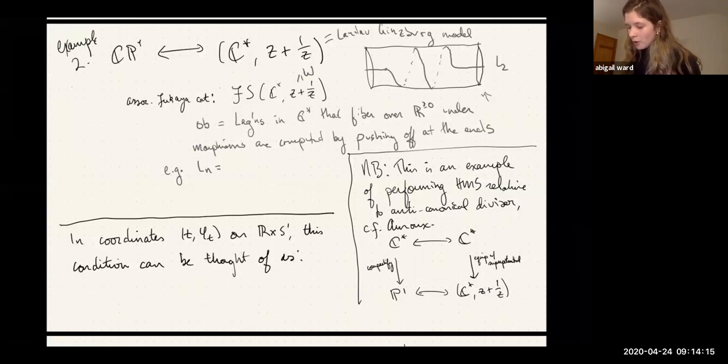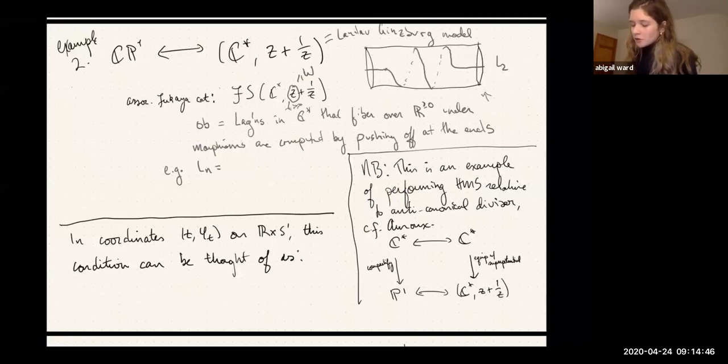If I want to write these in coordinates, I switch to t, phi coordinates on R times S1, so now my symplectic form would be dt wedge d phi. Then this condition on the fibering over R greater than 0: at the ends, when you get to very large Z, the superpotential is dominated by one term, and similarly the 1 over Z term dominates on the other end.